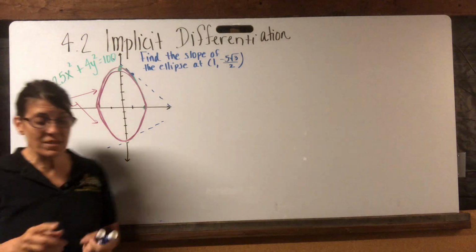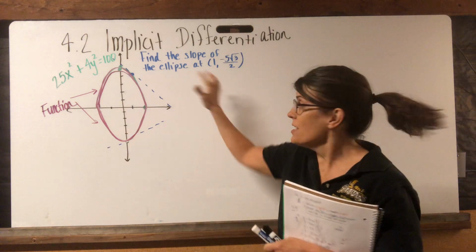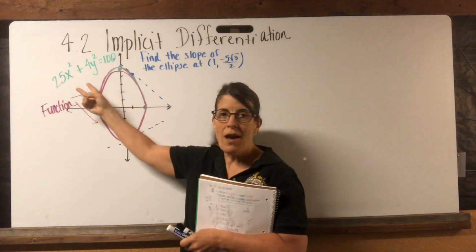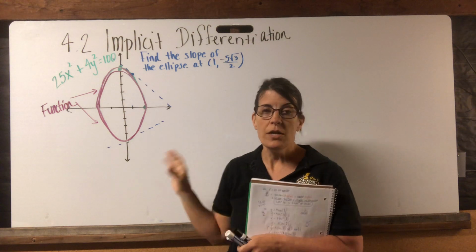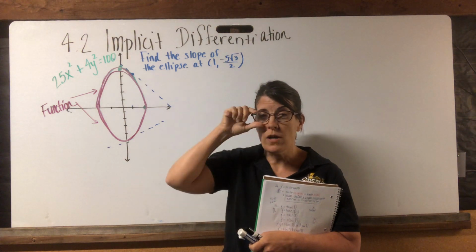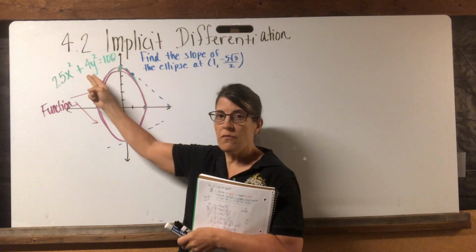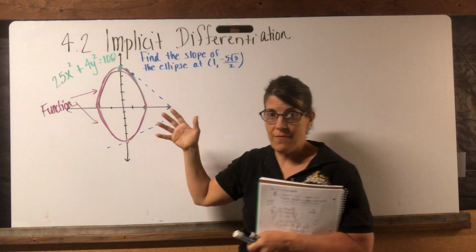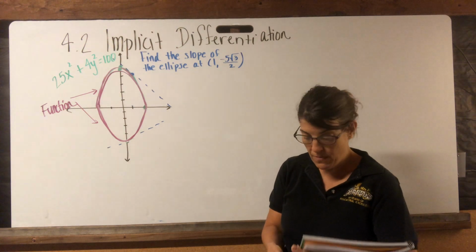Okay, so to save some time, if I wanted to plug this into my calculator, I'd have to solve for y first. If you have a fancy calculator like a TI-Nspire you can plug in x's and y's, but in all the other calculators that most of us have, the 84s, you have to solve for y in order to get this graph to show up. So I already did that to save us some time.